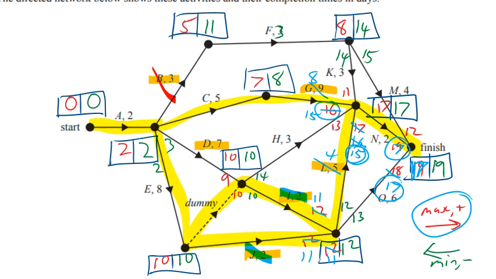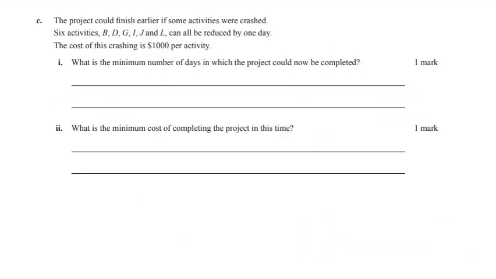Ah, dear. All right, so the answers for those two things were: 17 days, and because we had to crash 4 activities, that's 4 times $1,000, and that equals $4,000. That was a big mark to get, to spot that little G.